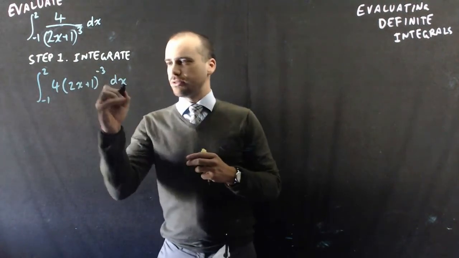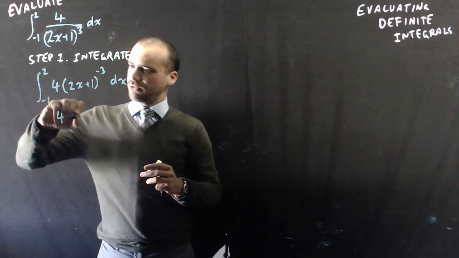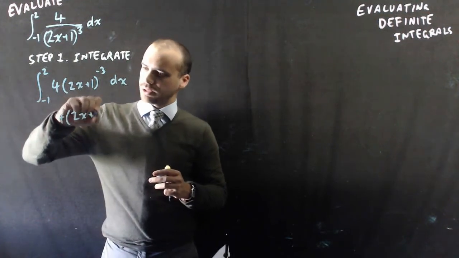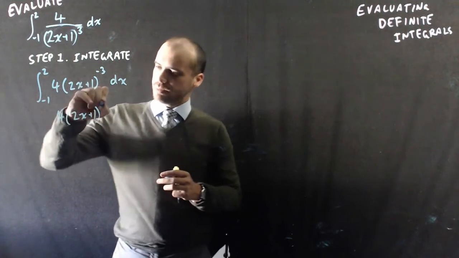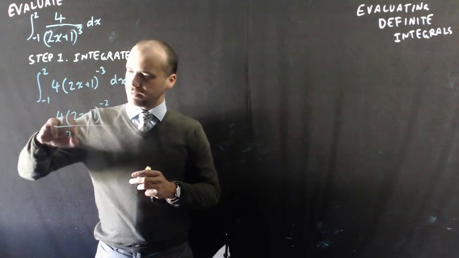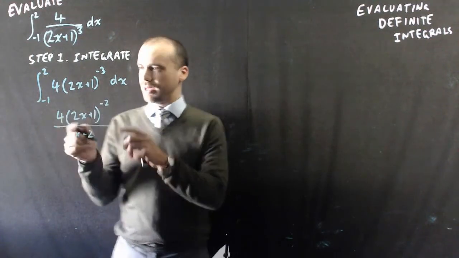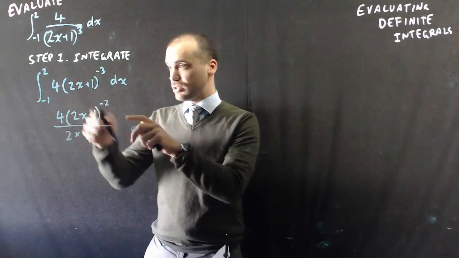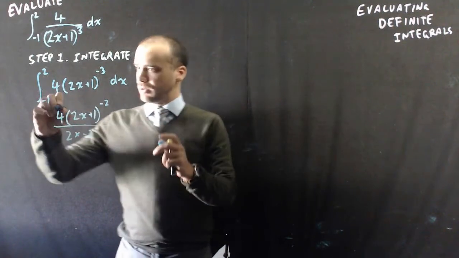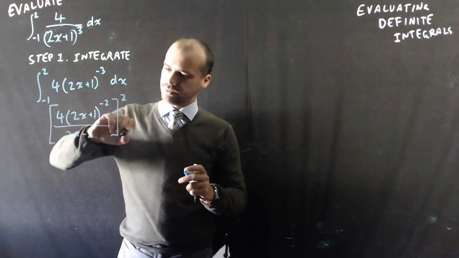Okay, now the integral of that's going to be doing like the reverse chain rule. So it's going to be 4, 2x plus 1, increase the power by 1, divided by the derivative of that times that. Now, that's the integral of that, which I put in the square brackets that we used last time.